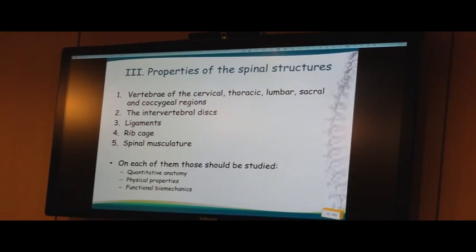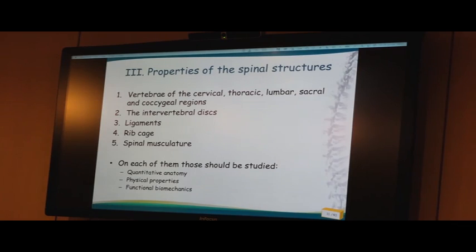I will talk about some properties of the spinal structures because it affects biomechanics of the spine. Of course, vertebra, intervertebral discs, ligaments, rib cage, spinal musculature affect spinal diseases, and all of them should be studied by quantitative anatomy, physical properties, and functional biomechanics.